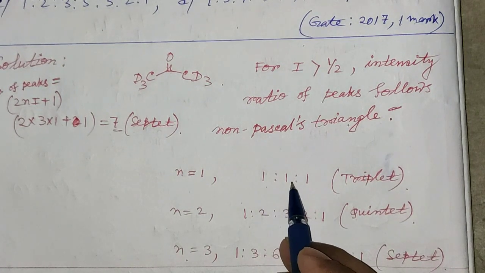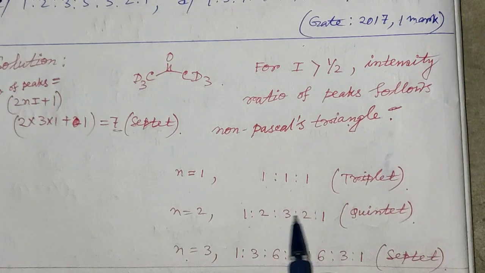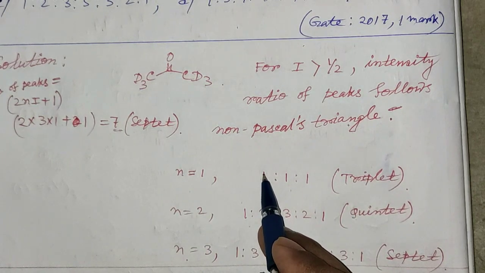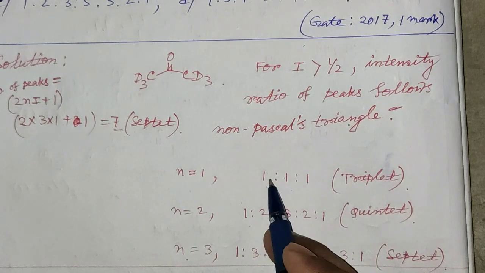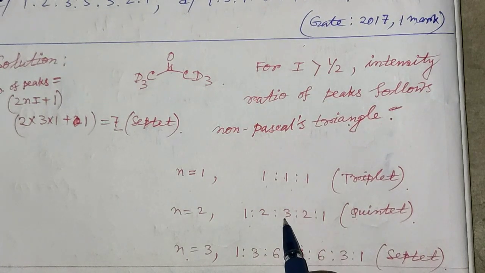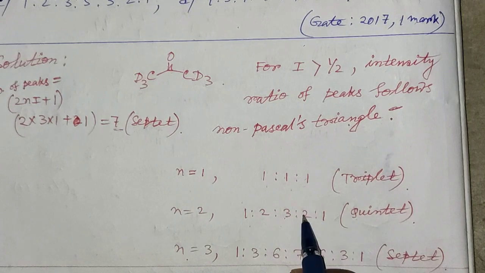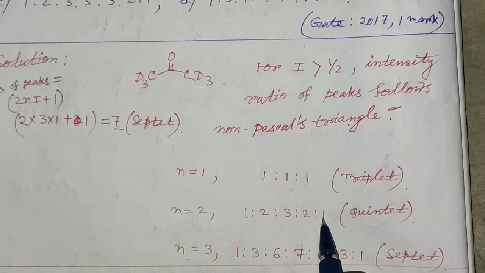It can be calculated like this. For n equal to 1 it is 1:1:1. Then for the quintet peak, we write the 1, then sum up these 2, then sum up all the 3, then the remaining 2, then last this one.